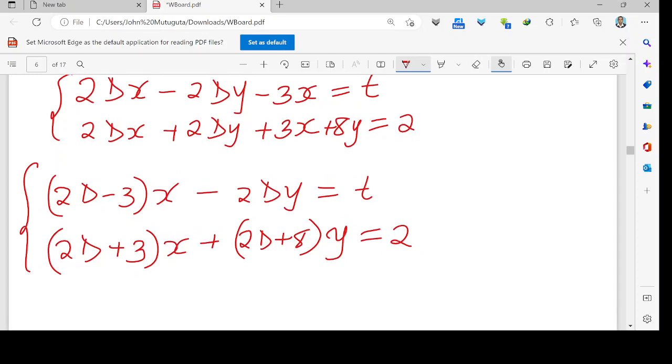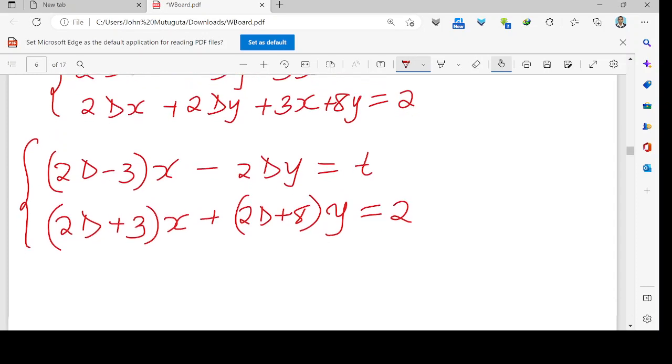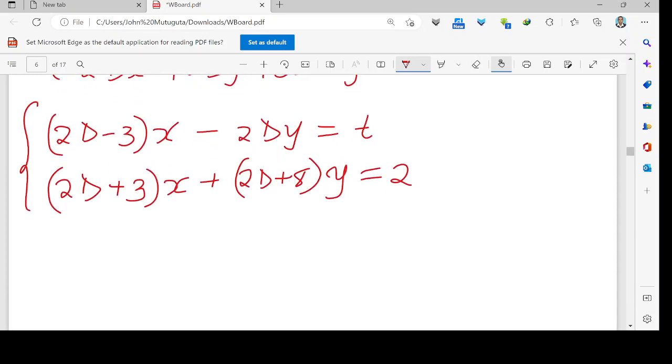Now, I want us to eliminate y. So we look at how we eliminate y from these two. I'm going to call this equation 1 and this equation 2. The coefficient of y in the first equation is an operator, 2d.